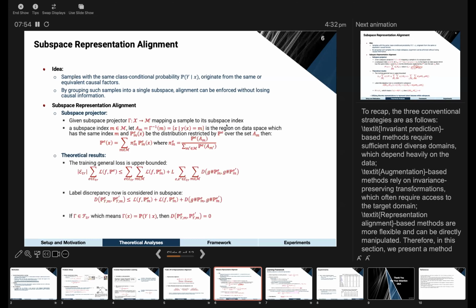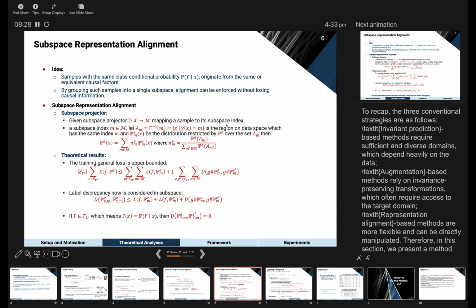We show that if we use the optimal hypothesis captured from the training domains as a subspace indicator, for example, we can group the samples based on the prediction of the optimal hypothesis here, we can remove the label frequency shift between domains.